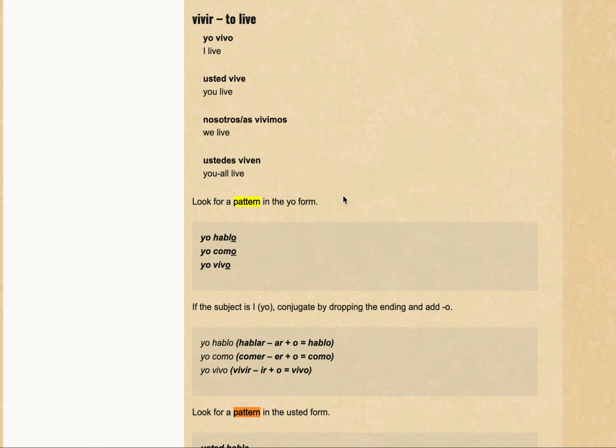So you have yo hablo, yo como, yo vivo, right? As we have seen earlier, to eat would be comer, and then we remove er out of it and then add o to it. And to live is vivir. You remove ir out of it and add o, right? So that is yo.